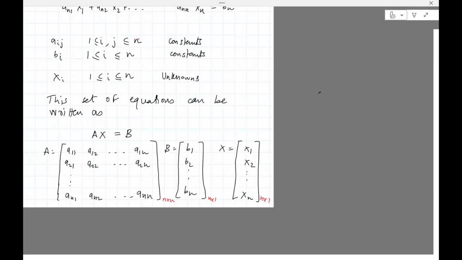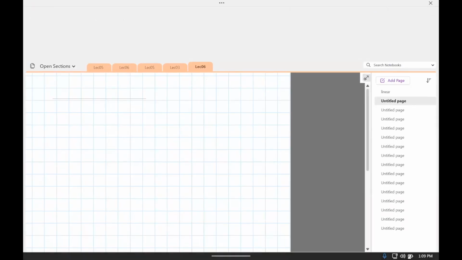So we're looking at methods to solve for x. A is given, and b is given. There are a couple of methods, and really what we're going to do is use those methods to solve for x.